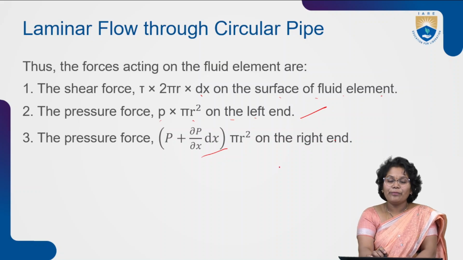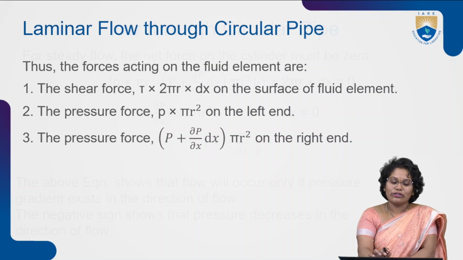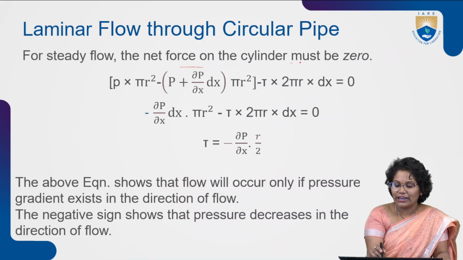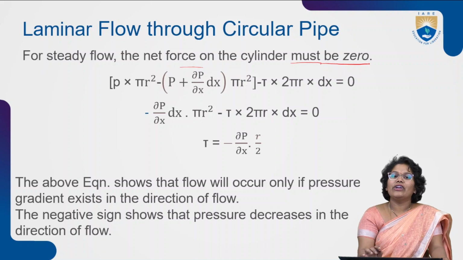Now we have already assumed that the flow in a circular pipe is in a steady state condition, right? In steady state, all the forces acting on the cylindrical element must be equated to 0.